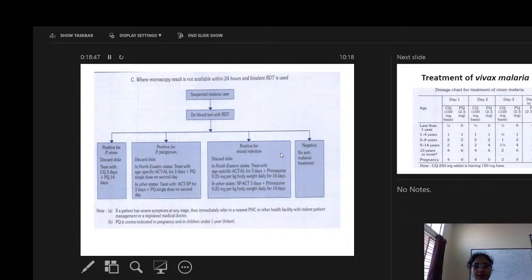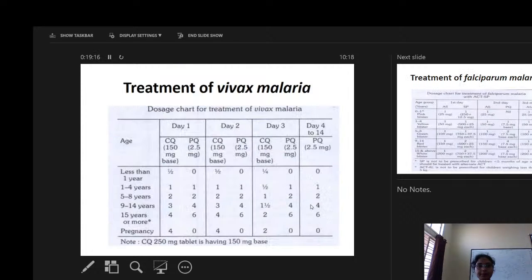If it is positive for mixed infection, treat it like a falciparum case, but you will have to add Primaquine like Vivax. For falciparum, we give ACT-AL for 3 days, and then we add Primaquine for 14 days; and ACT-SP for 3 days and Primaquine for 14 days. If it is negative, no anti-malaria treatment.